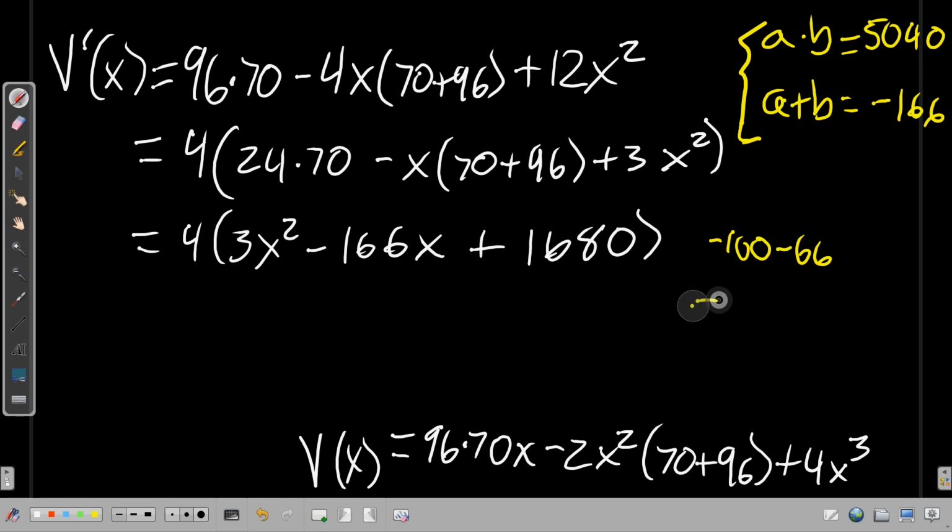How about, now this ends in a 0. So I know that it has to be 10 times some number. It has to have a factor of 10, put it like that. So maybe I should try minus 70 minus 96.